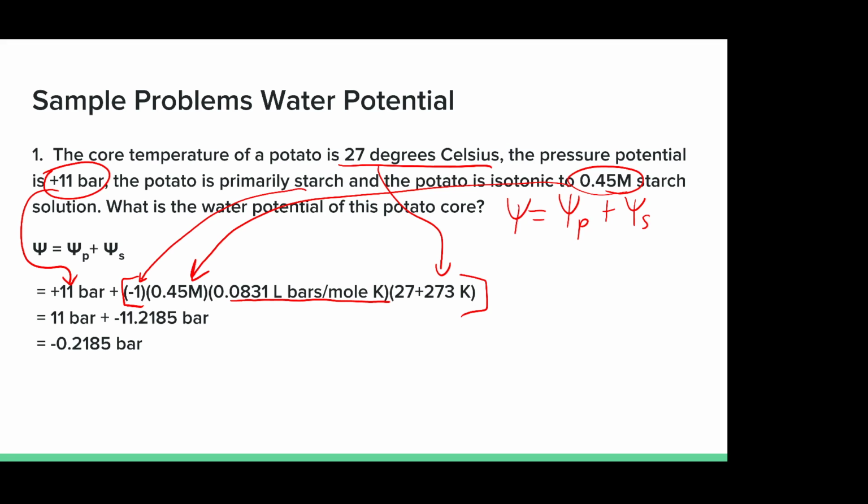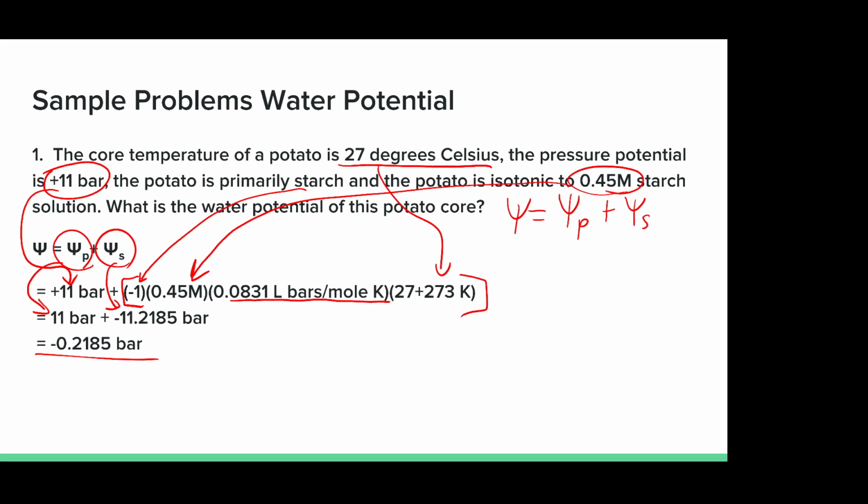Well, doing the parenthetical operations first and then multiplying the terms across, we end up seeing that the solute potential is negative 11.2185. The pressure potential is positive 11, and therefore the water potential is negative 0.2185, roughly speaking.